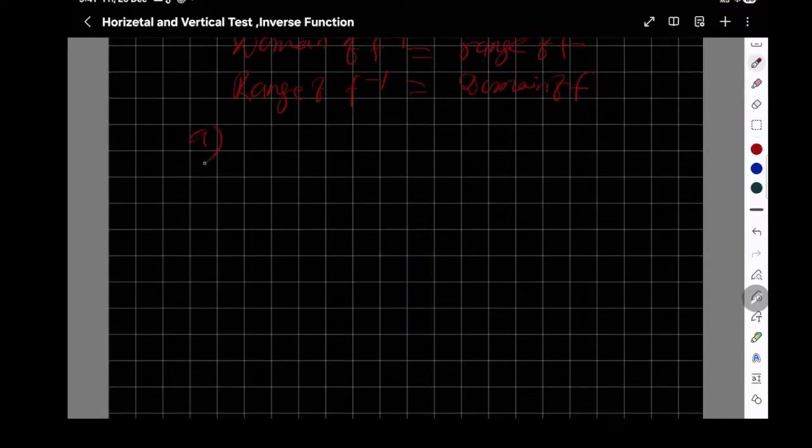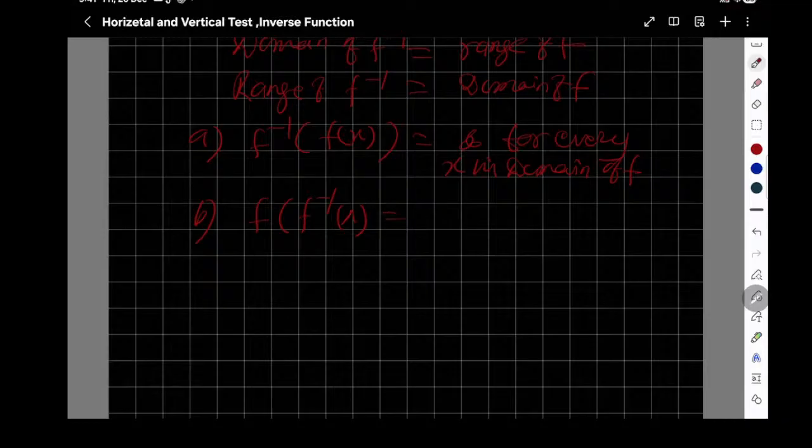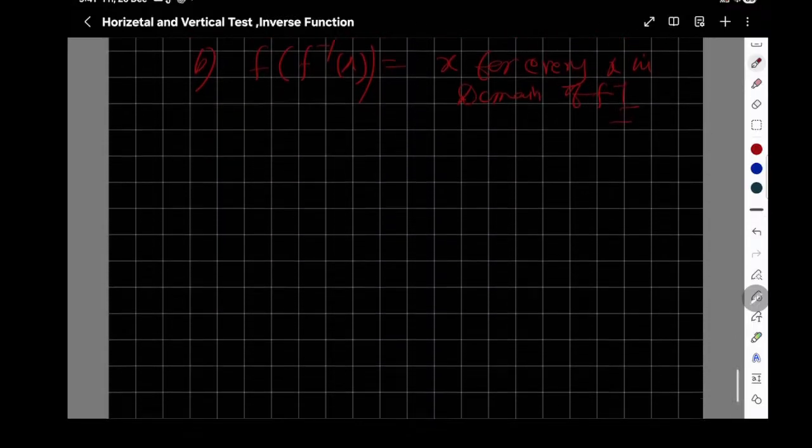So we say that f inverse of f of x is equal to x for every x in the domain of f, and f of f inverse of x is equal to x for every x in the domain of f inverse. Okay, you understand?